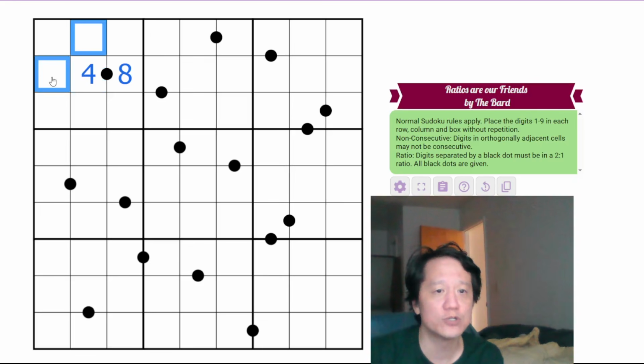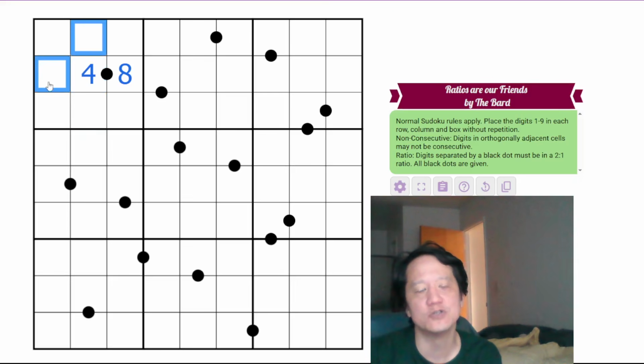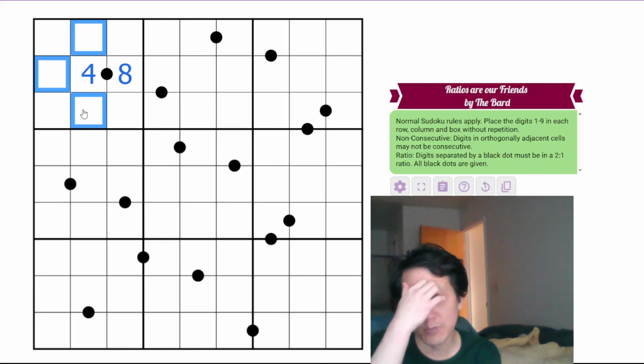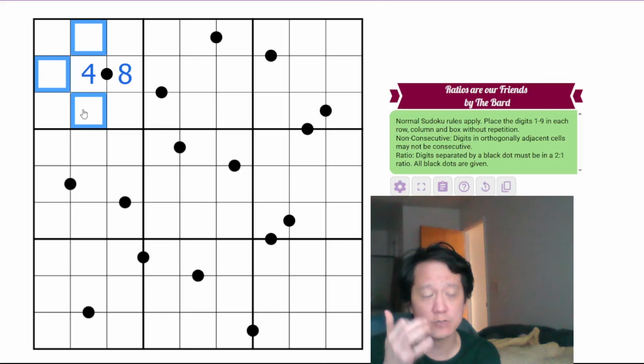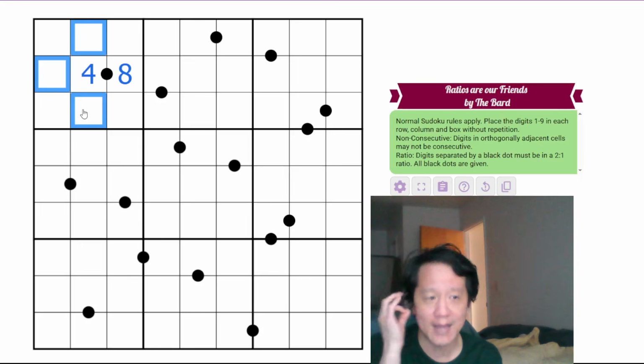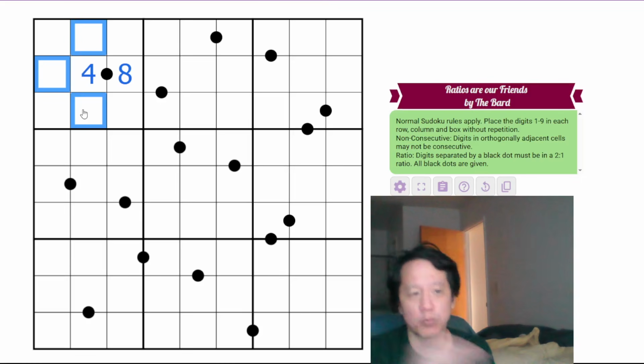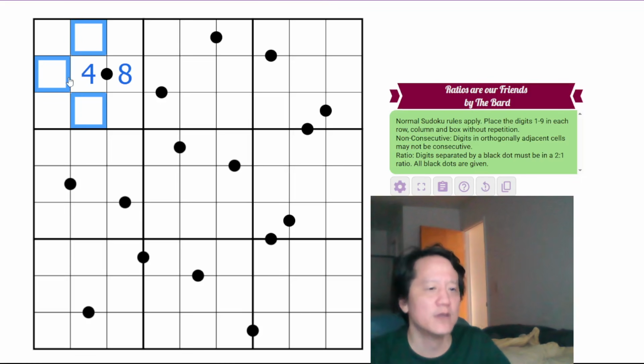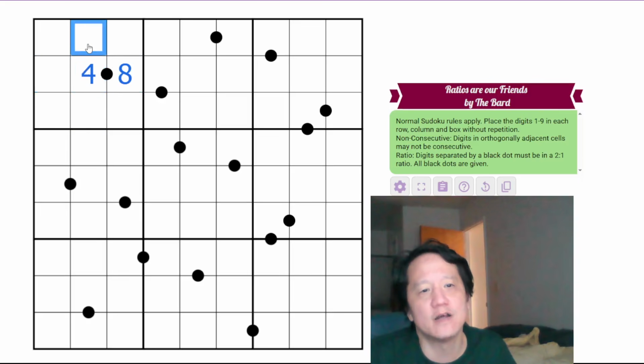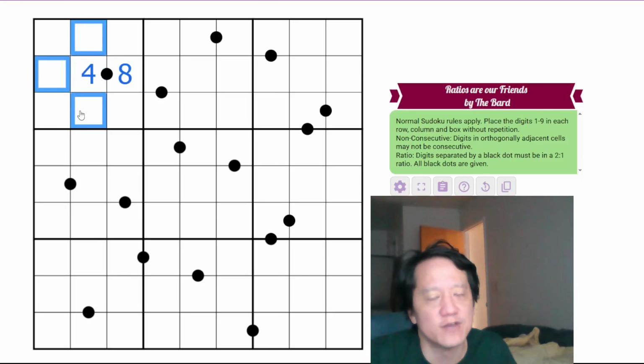If we tried to have a 1-to-2 ratio between the 4 and a 2 where there is no black dot, that can't happen. If there were a 1-to-2 ratio between two digits, we would have to be given that black dot. So you have a lot of information based off of that.